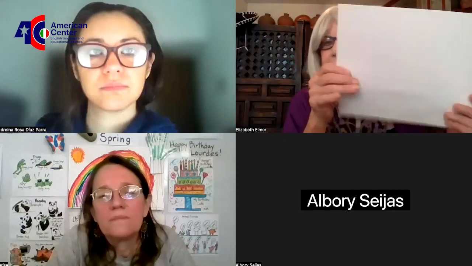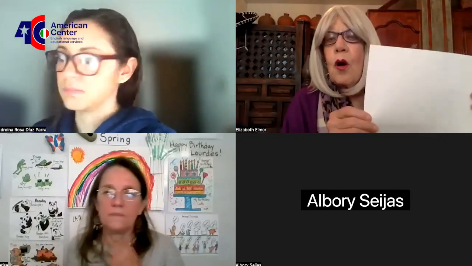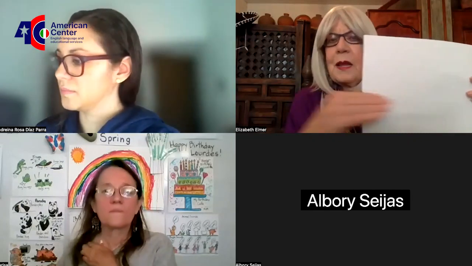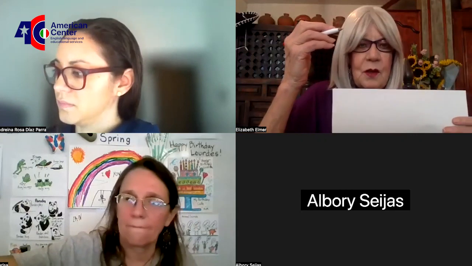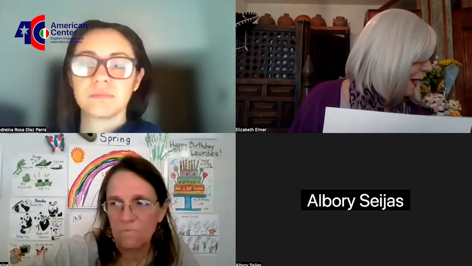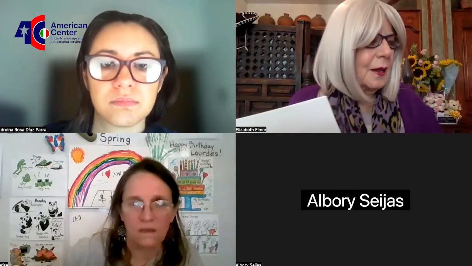You need either a piece of paper, preferably horizontal, or your notebook, preferably horizontal. And you do need a pen or a pencil. And we're going to make a little chart or graph for this vocabulary game.